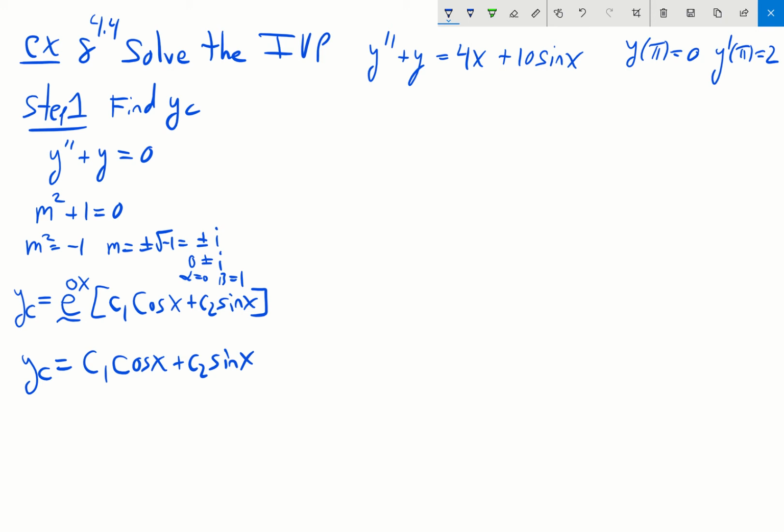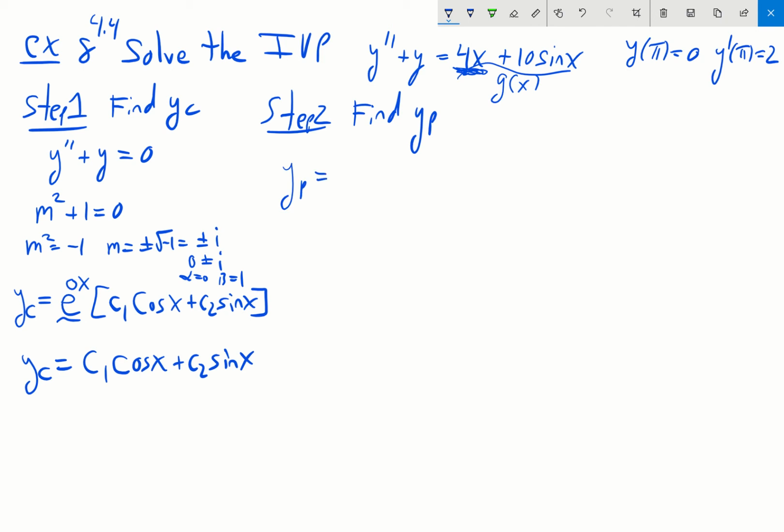Now let's go ahead and take a guess for our y p. By looking at the function g of x and using our table to guide us, this looks like a linear function.